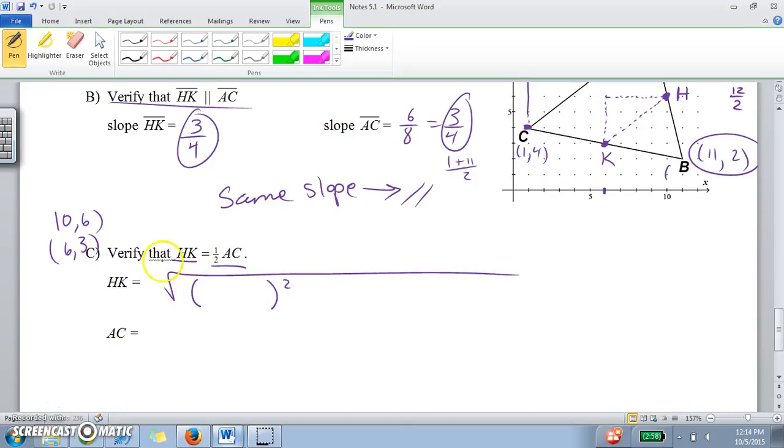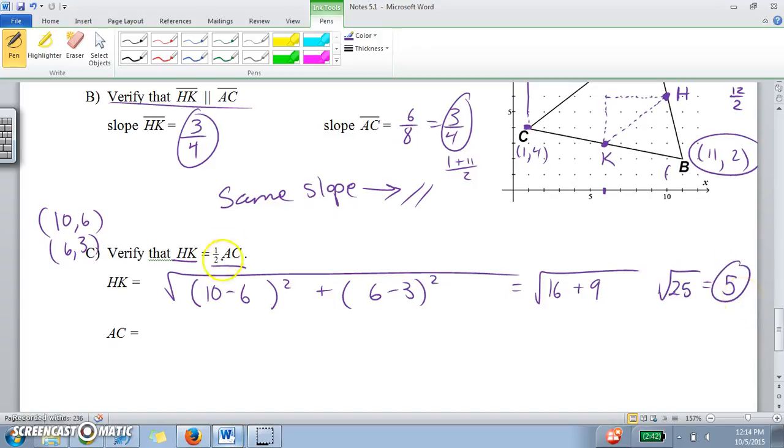Difference of our x coordinates, so we've got 10 minus 6 squared plus 6 minus 3 squared. So that's going to equal 10 minus 6 is 4. 4 squared is 16. 6 minus 3 is 3. 3 squared is 9. 16 plus 9 is 25. And the square root of 25 is 5.